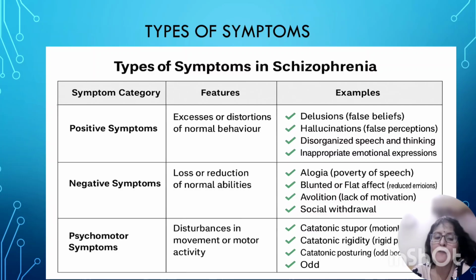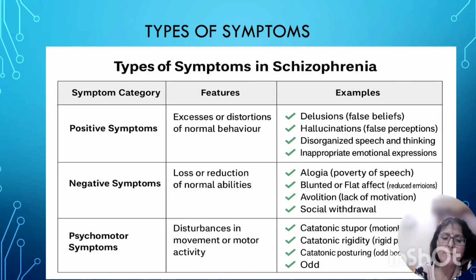Then avolition or apathy, that is lack of motivation to start or complete a task, because there is no logic in their thoughts. Then emotions and social withdrawal, that is isolating themselves from others and keeping themselves preoccupied with their own fantasies.